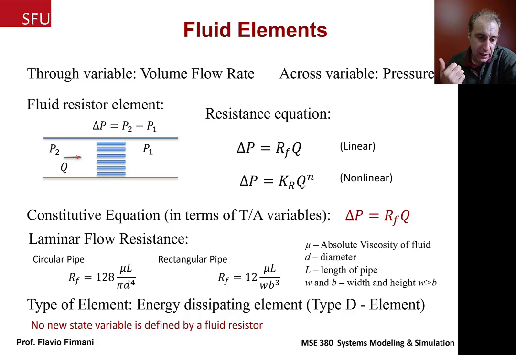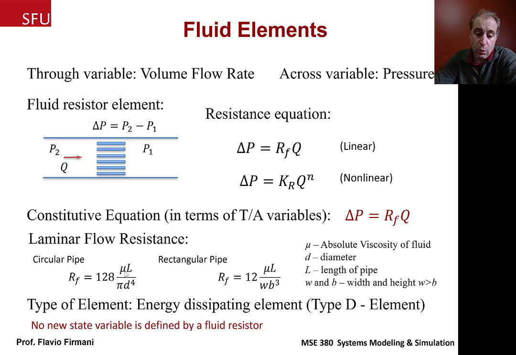So if we had a circular pipe, we can determine the resistance in this form. It's going to be 128 times mu, which is the viscosity of the fluid, times L, which is the length of the pipe, divided by pi times the diameter of the pipe to the 4th.